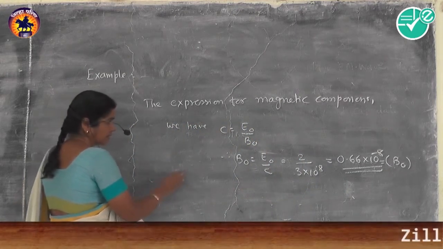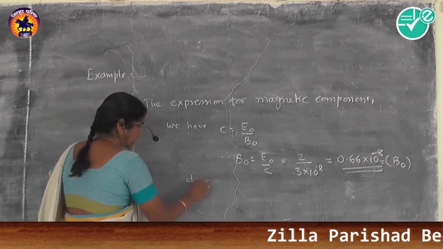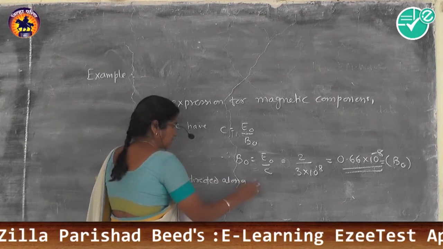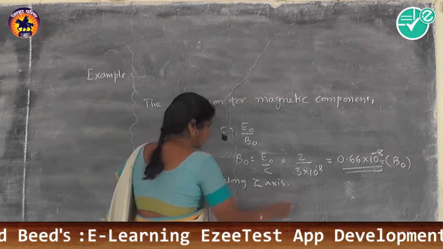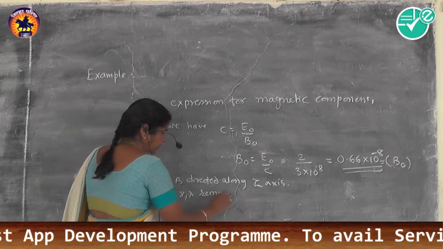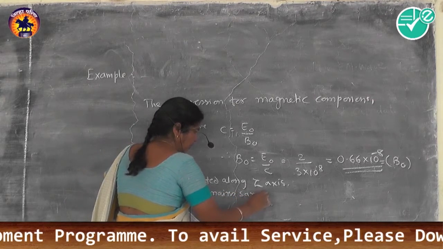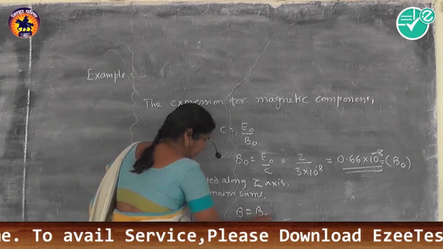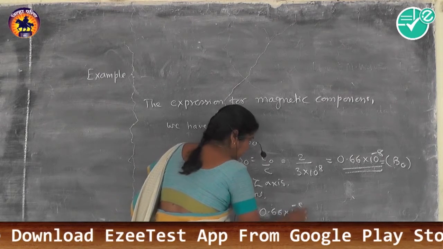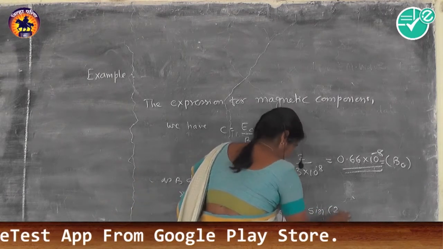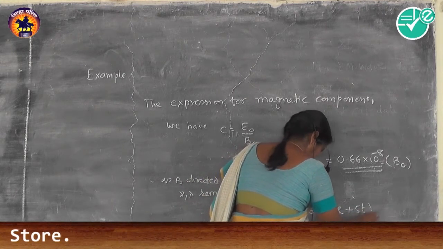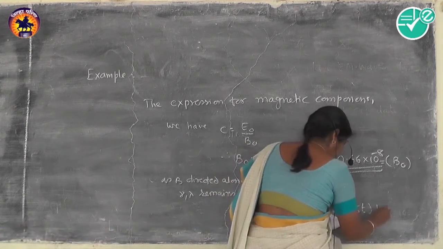As B is directed along the Z axis, and frequency and wavelength remain the same, we write B is equal to B0, that means 0.66 into 10 to the power minus 8 sin (2x plus 5t) into k.